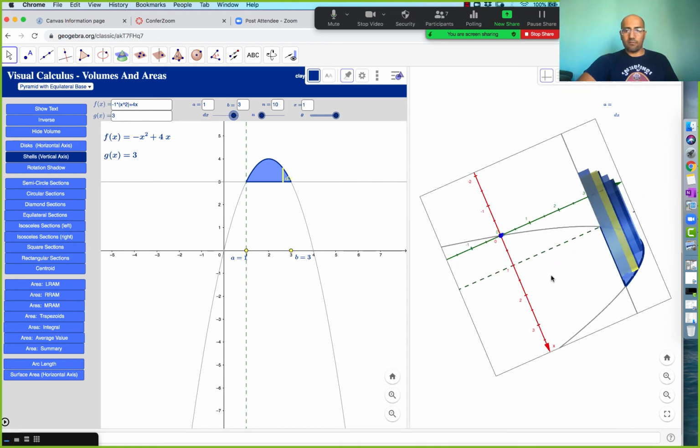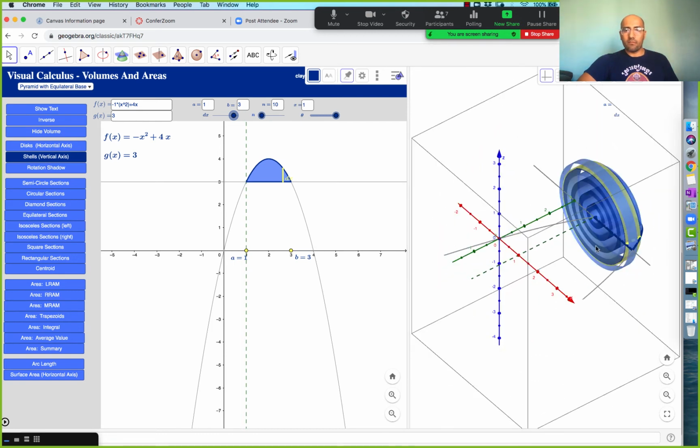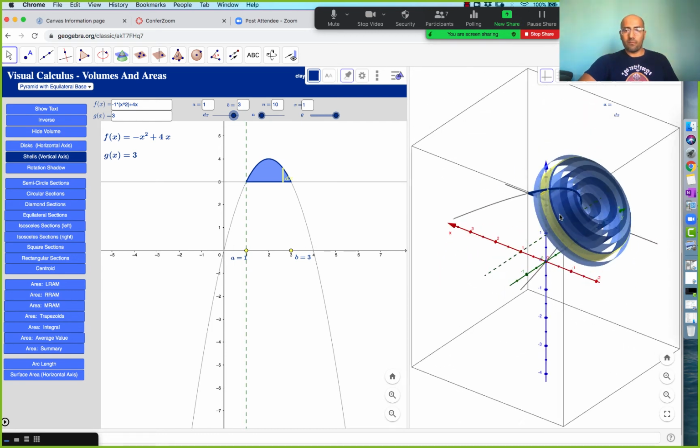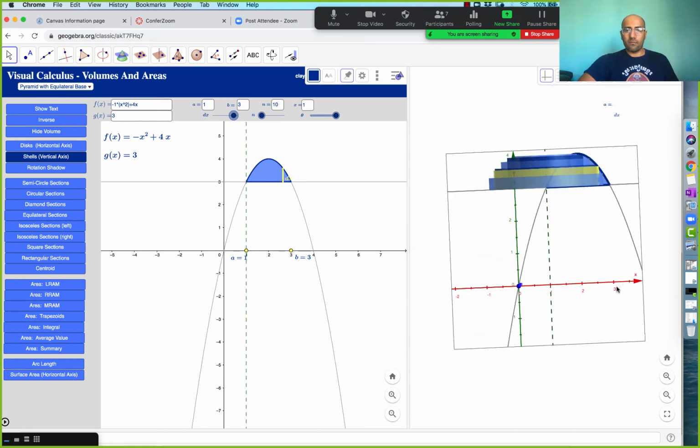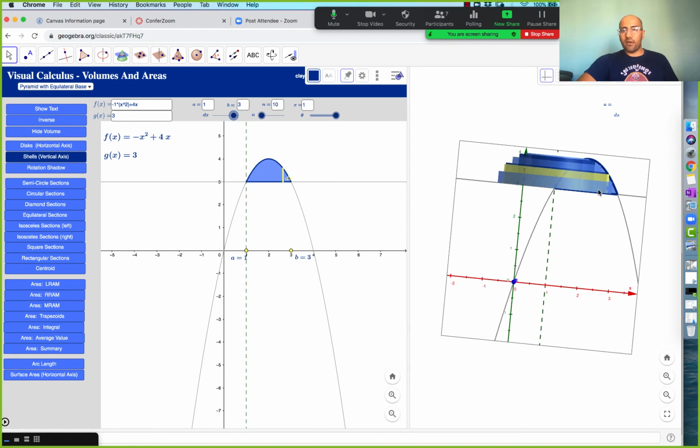Come on. Oh, whatever. The distance between here to there. So like the yellow one that's being identified right now, it's got a little thickness of dx, and then the radius would be from there to there, right? Which is x minus 1.